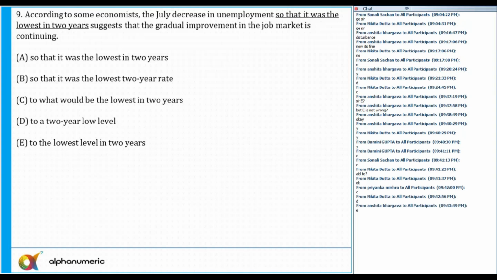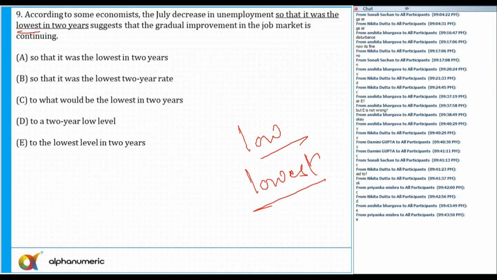Okay, you want to mark D. No, I don't think D is right, because please understand there's a difference between low and lowest. Because he used the word lowest here, I think I'll have to keep that word intact.